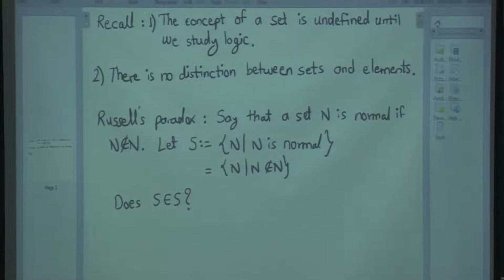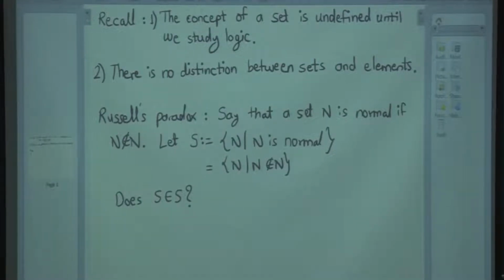What are you saying? Yes or no? It's a paradox. If S belongs to S, then by the defining property S is not normal, so S shouldn't belong to S. On the other hand, if S doesn't belong to S, if S is normal, then it should belong to S, so that S fails to be normal. You understand? Now, how is this paradox resolved?